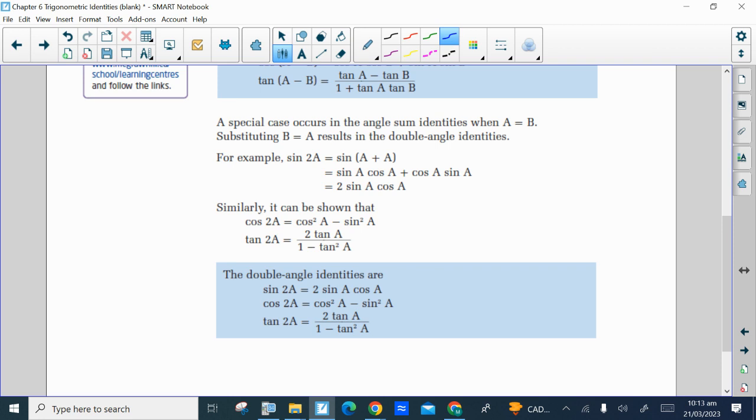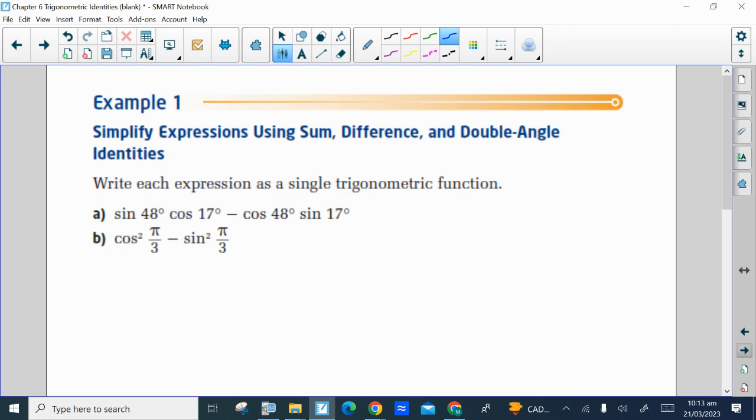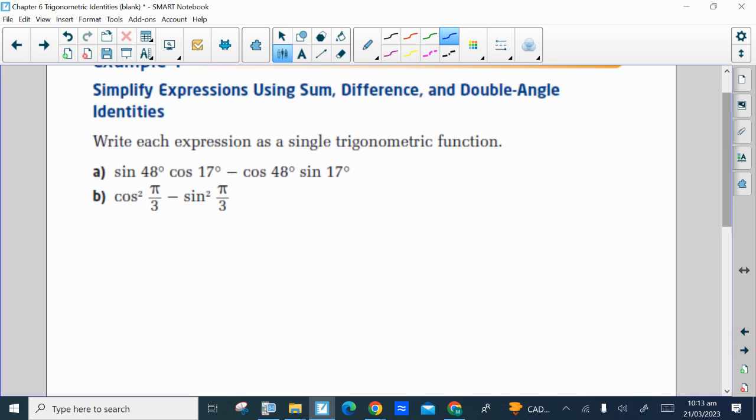And we're going to see that there are a couple of situations where you will use these identities. One of them is something like this. Simplify using sum, difference, and double angle identities. The first one, write each expression as a single trig function. So for question A, you need to recognize the pattern.